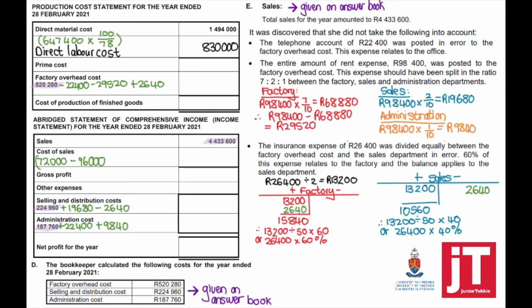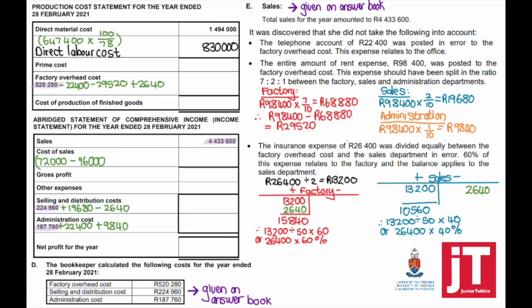Now that we've done all the adjustments and we've taken all the information where it's supposed to be, and remember the figures were actually given on the answer booklet, we can now finish the production cost statement and the statement of comprehensive income. If you remember back to the previous slide, we've got the finished goods stock, the balance in the beginning and the end.